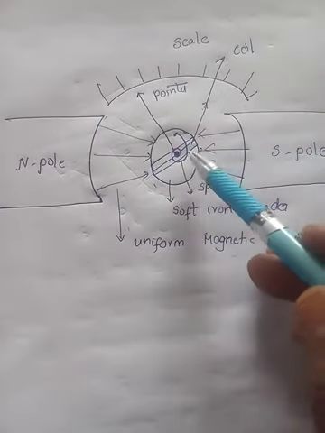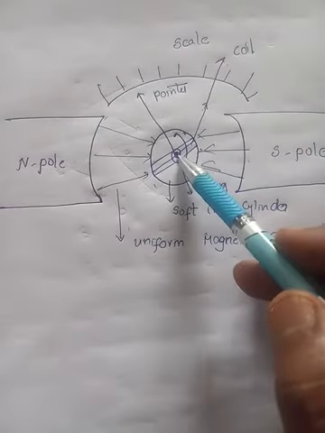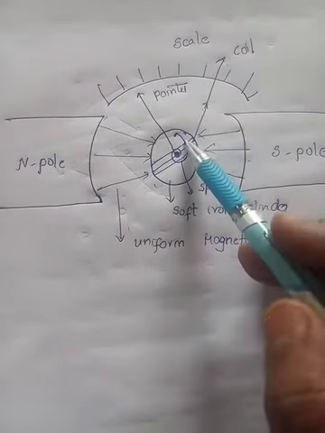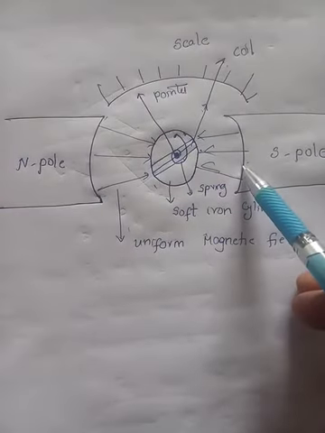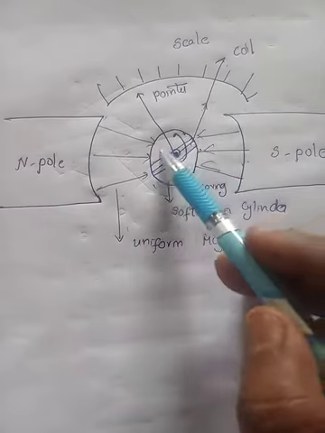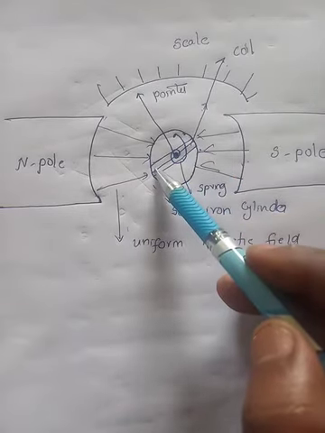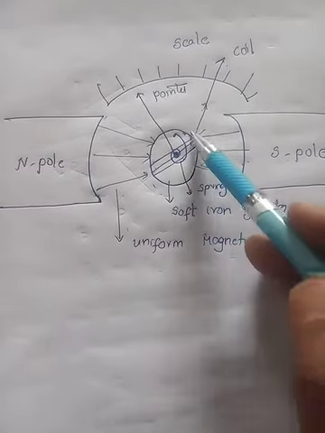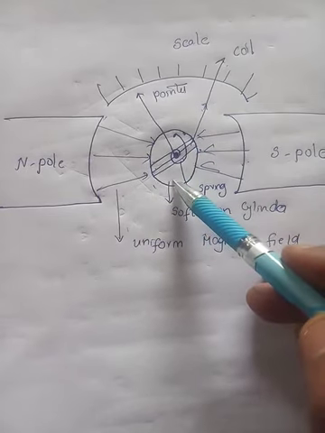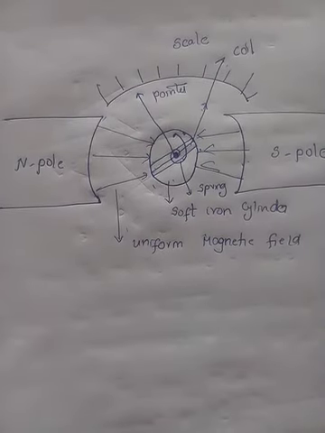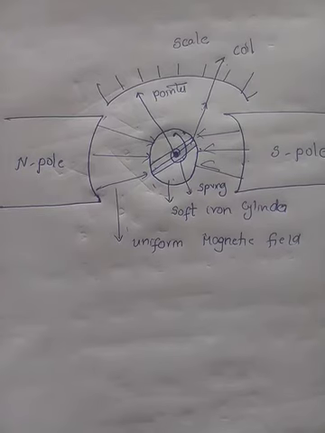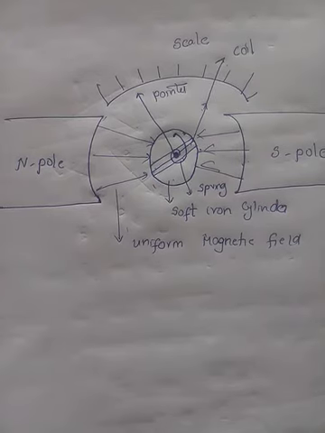The main hero of this device is the coil, placed at the center of the apparatus, that is insulated. It is placed around a soft iron cylinder to increase the magnetic field strength. The more we increase the magnetic field, the more the deflection will be.